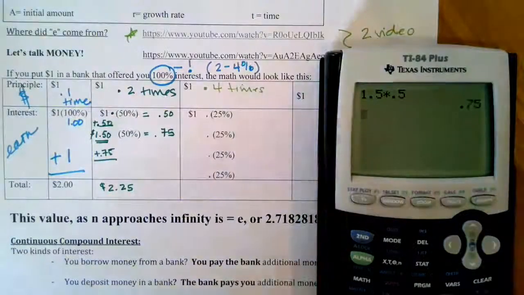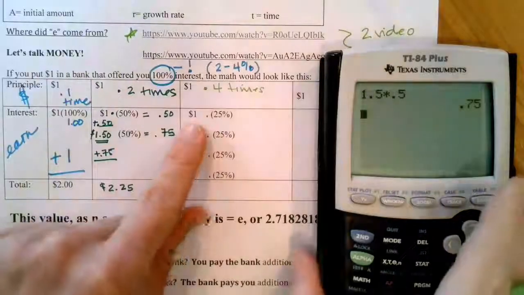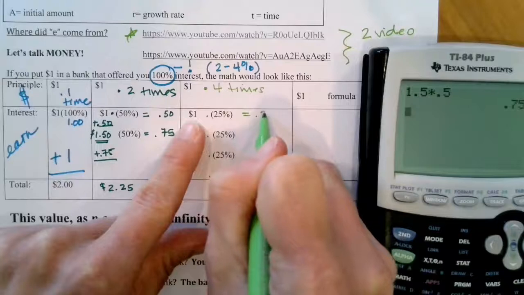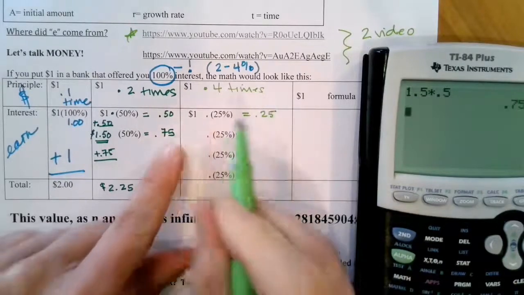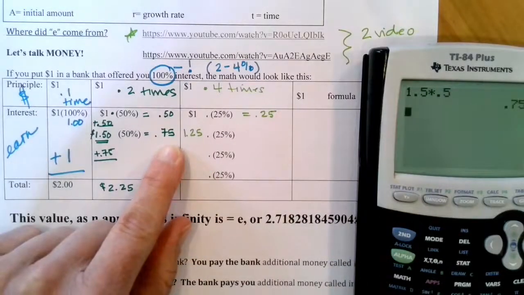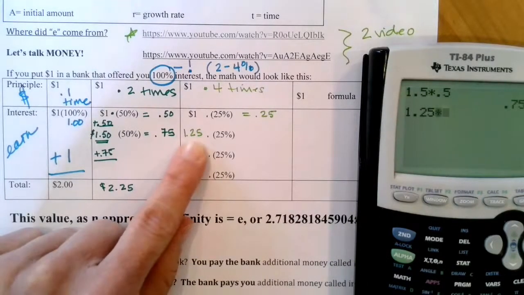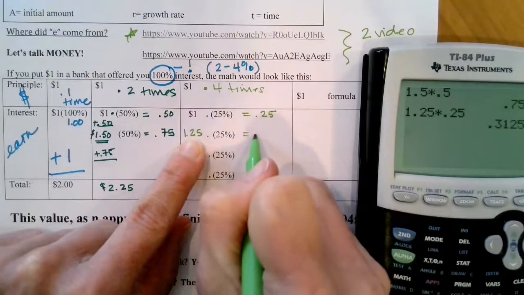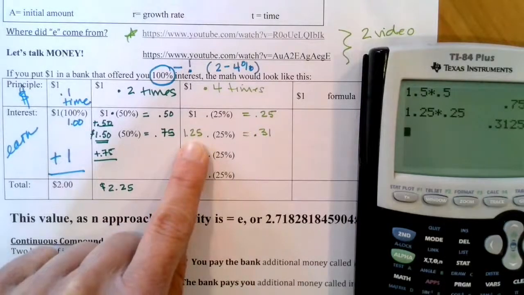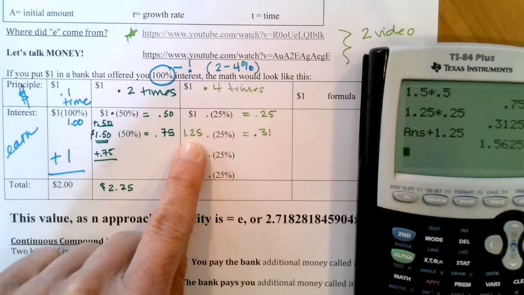Okay, so let's take a look at what this math looks like. My 25% of $1 is equal to 25 cents. That's a quarter. So now I have $1.25 in the bank. And when I do 1.25 times 0.25, I get, this time around, 31 cents. And I have to add that 31 cents to the $1.25 that I have already in the bank.